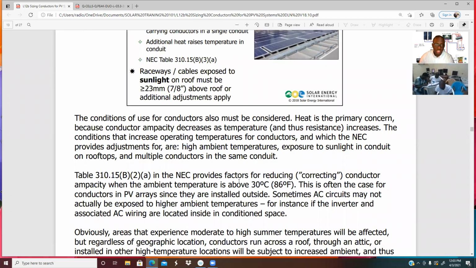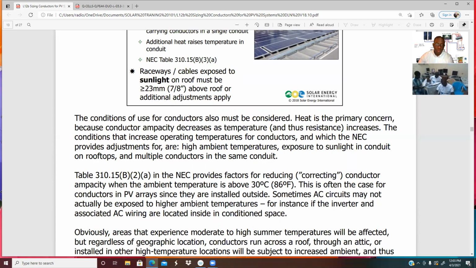So the conditions of use for conductors also must be considered. Heat is the primary concern because conductors' ampacity decreases as temperature, and thus resistance, increases. The conditions that increase operating temperature for conductors, and for which the NEC provides adjustment, are high ambient temperatures, exposure to sunlight in conduit on rooftops, and multiple conductors in the same conduit.